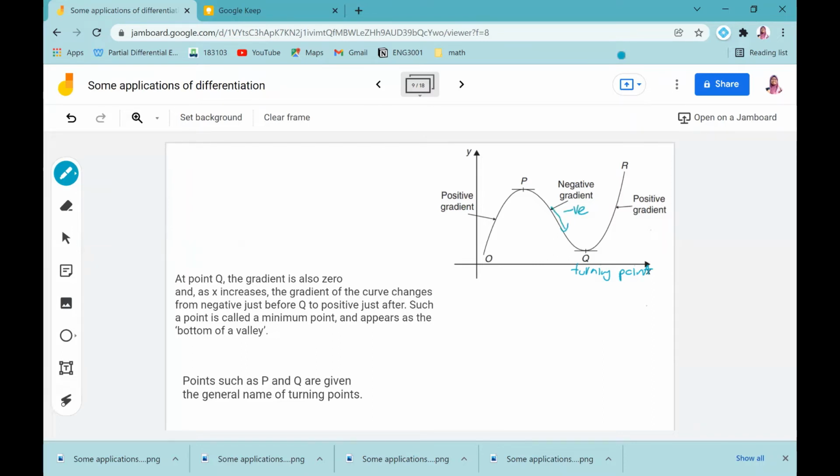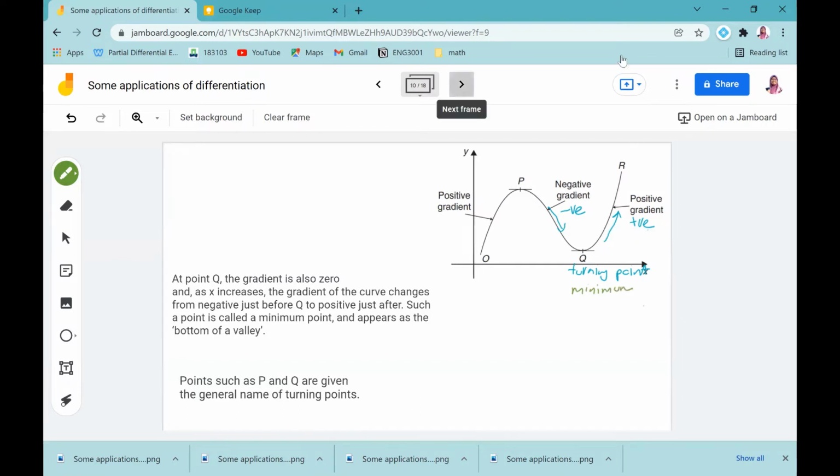After passing the turning point Q, the gradient of the graph is going upward, so it is a positive gradient. From negative to positive, so the turning point is a minimum. It appears as the bottom of a valley. So this one is the minimum turning point, Q.